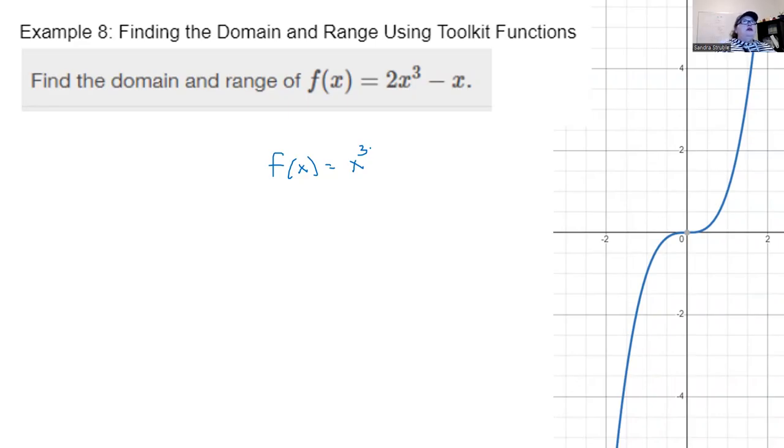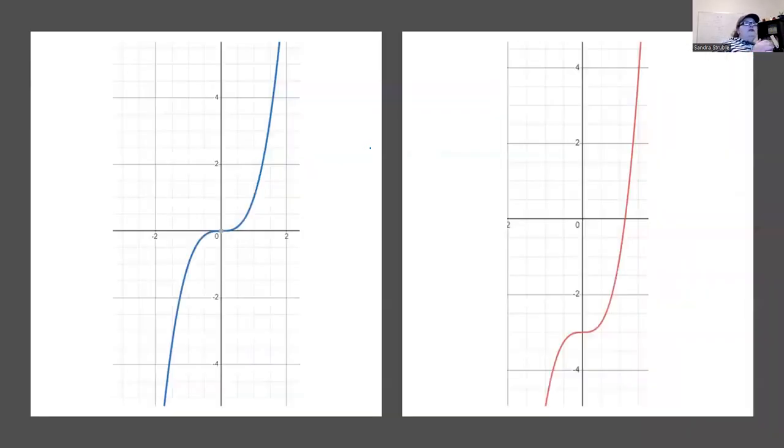Well, for the domain, you're not going to have any limitations on what you can plug into x. You're going to get anywhere from -infinity to positive infinity. This graph goes on and on and on. The other thing is, top to bottom or bottom to top, there's no limitations there either, to where this graph is going to be cut off or veered away from any number. So for the domain and range, I'm going to show you the actual graph itself.